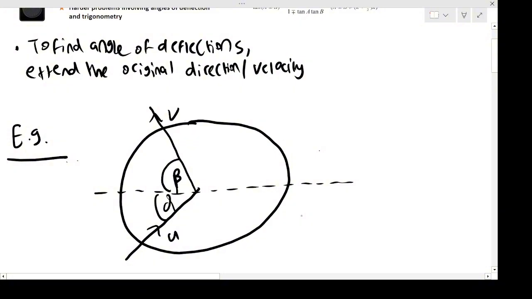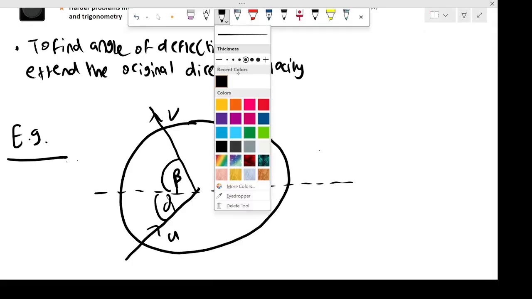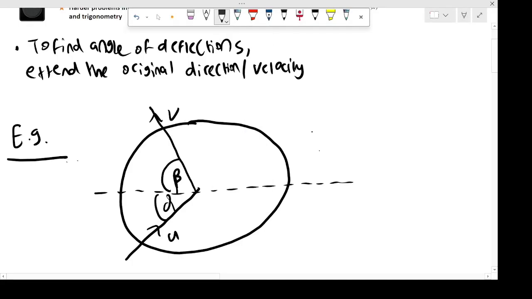Now, to find the angle deflection, it's not going to be this whole angle here. It's not going to be alpha and beta, because that's not what the angle deflection is. Angle deflection is the direction we turn, so the angle we change direction. So again, if I use this tip here, I want to extend the original velocity. So if I do it in a different colour, if I extend the original velocity, it's going to look like that.